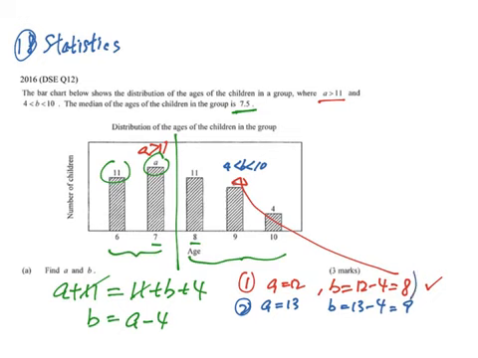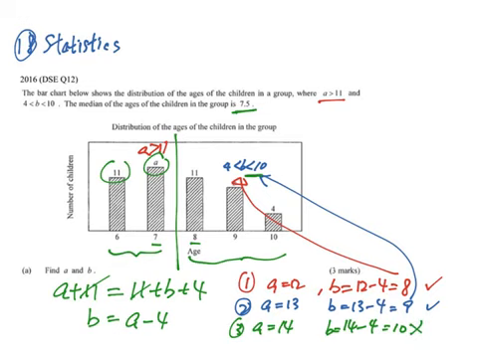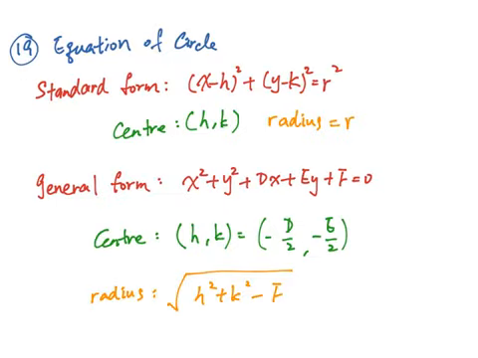It's still between 4 and 10, so it's correct. We can try the third one. If A is 14, then B is 14 minus 4, so it's 10. Because for 10 there is no equal sign, it is not correct. So the answer of this question: A is 12, B is 8, or A is 13, B is 9.